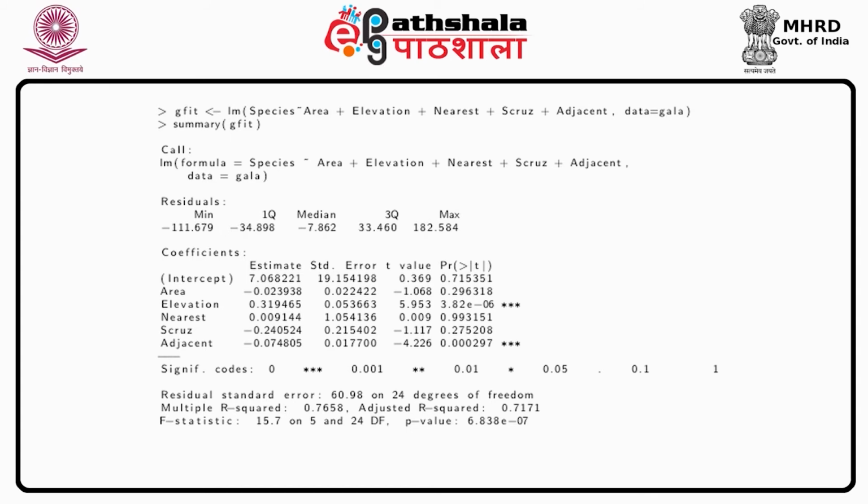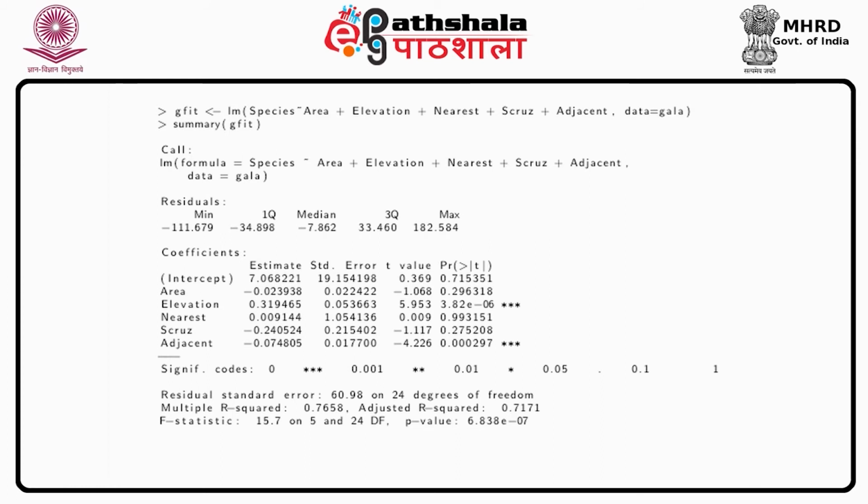If these p-values happen to be less than our fixed level of significance, we reject the null hypothesis, and we accept the null hypothesis otherwise. In this case, you see at the end of the table that two p-values, the one for elevation and the last one for adjacent, are significant at a level of significance of 0.001.